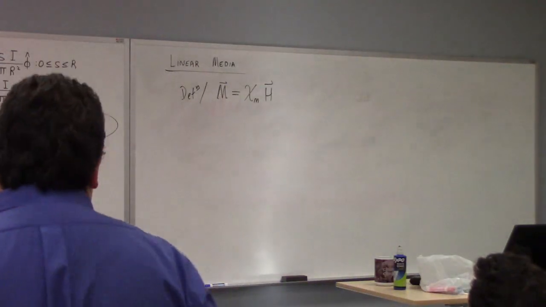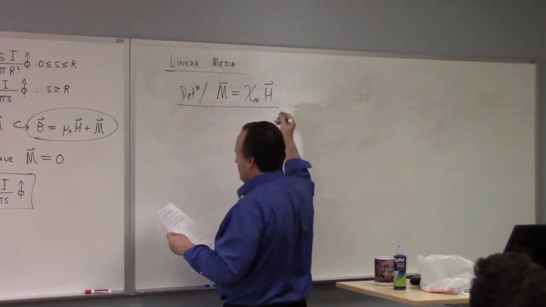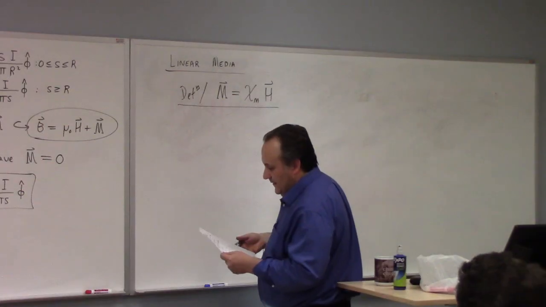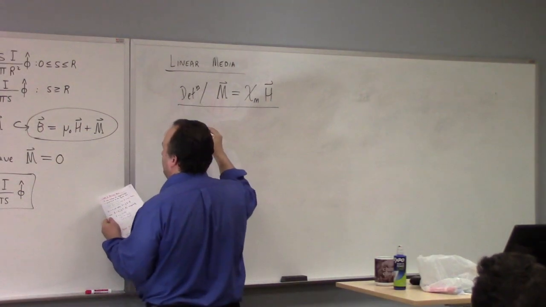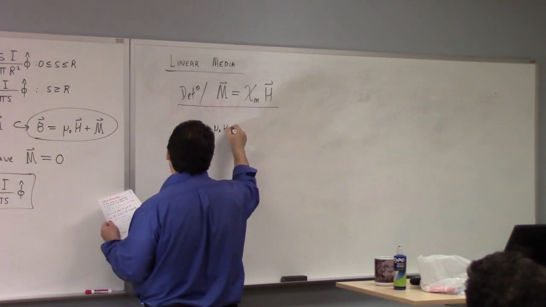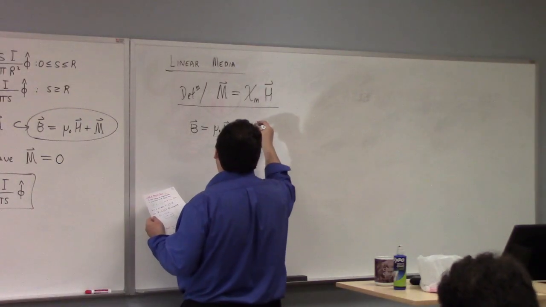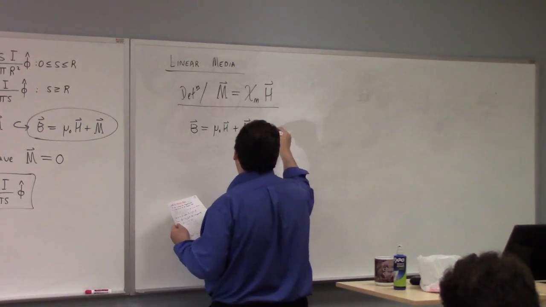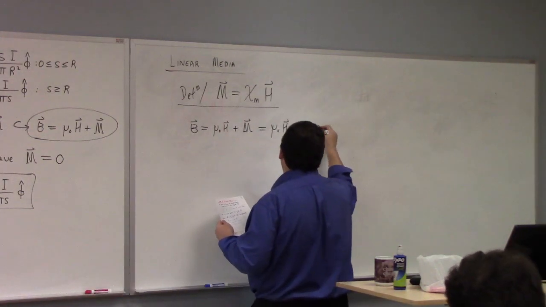So it's kind of a historical artifact, but that's the definition, so we deal with it. The magnetic field is mu naught H plus M, which is mu naught H plus chi-m H, right?